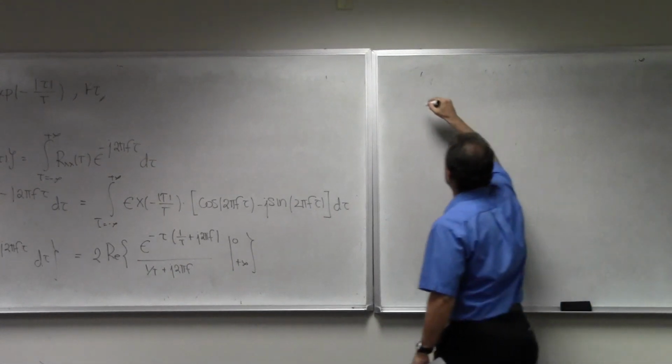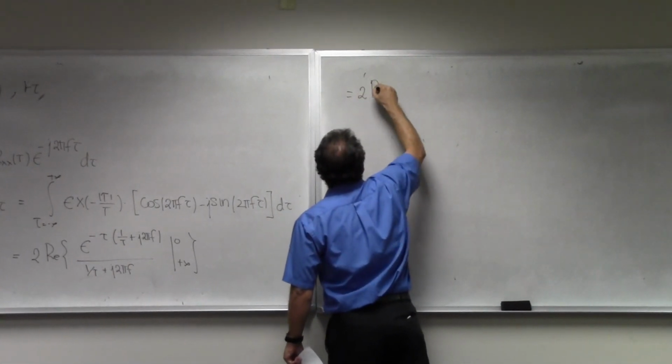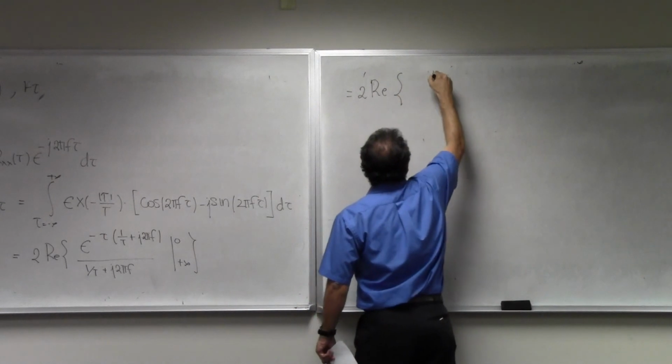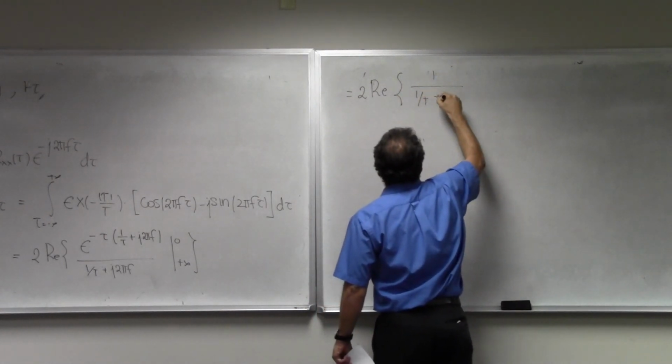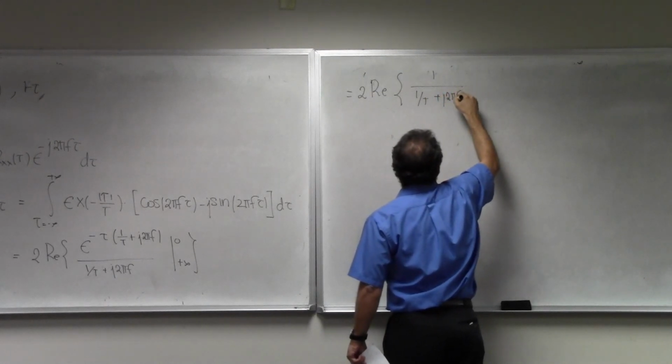So this is 2 times the real part of 1 over 1 over T plus j 2 pi f.